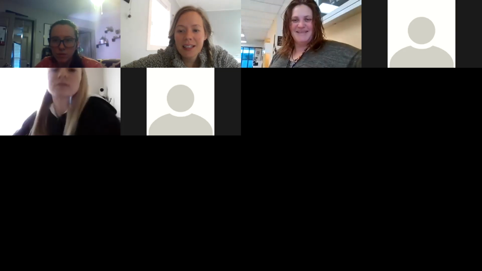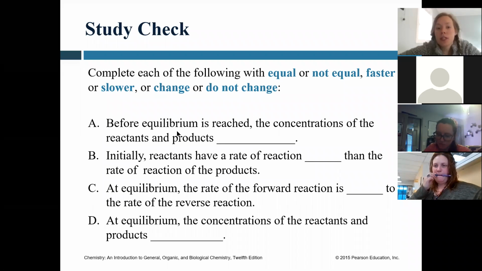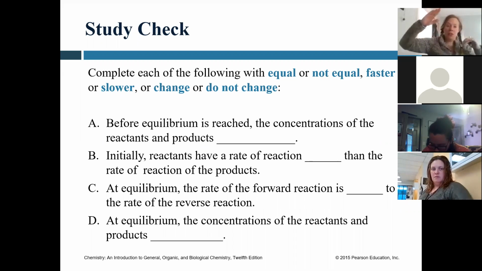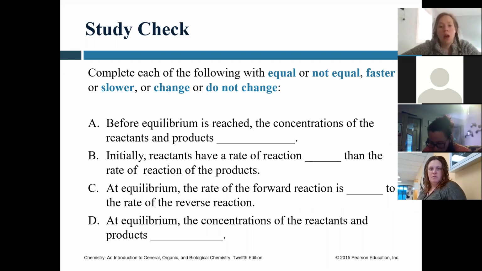Okay, so if we want to talk about concepts of equilibrium, before equilibrium is reached, the concentrations of the reactants and products are not equal to each other, right? You have too much of one, too much of another.